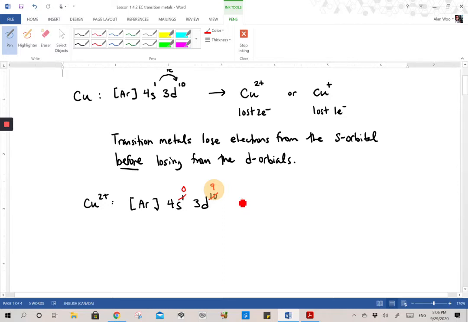Now, copper 2+ ions, as we can see, have their d orbitals partially full. It's not completely full, and it's not completely empty, but it's partially full. And what we can take from this is that this particular arrangement will give us colored precipitates.